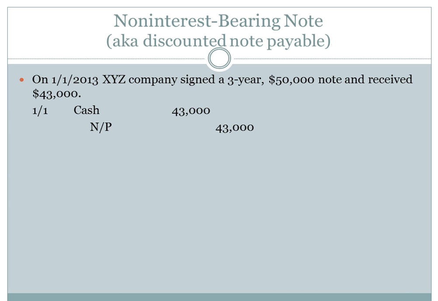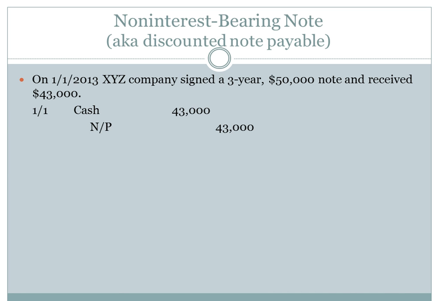Now, on December 31st, even though there is no cash flow occurring, the note has been outstanding, and notes have interest associated with them. Whether it's implied or explicitly stated, either way, there's a cost of borrowing money. And we need to make sure that with non-interest bearing notes we get the correct amount of interest expense recorded on the financial statements.